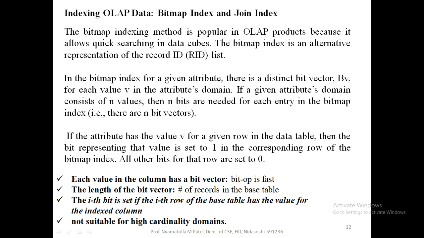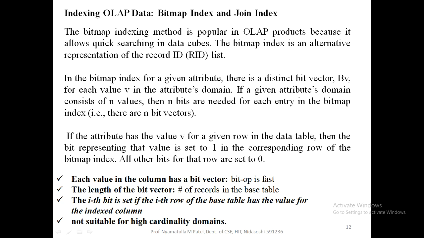For every attribute we will have a bit vector represented by B of V, where V is a value in the attribute's domain. If a given attribute domain consists of n values, then n bits are needed for each entry in the bitmap index, which means there will be n bit vectors.